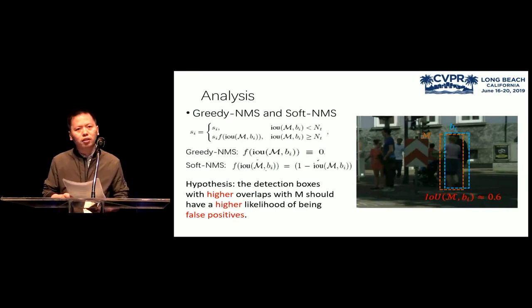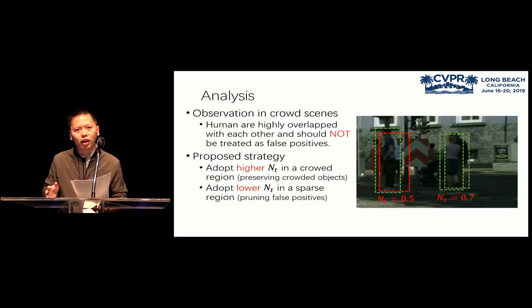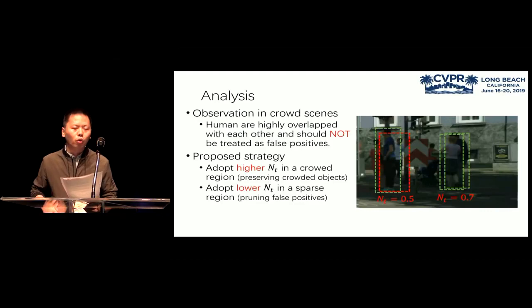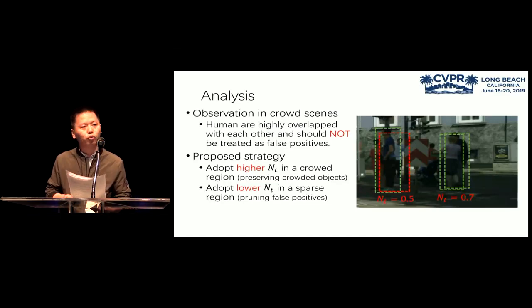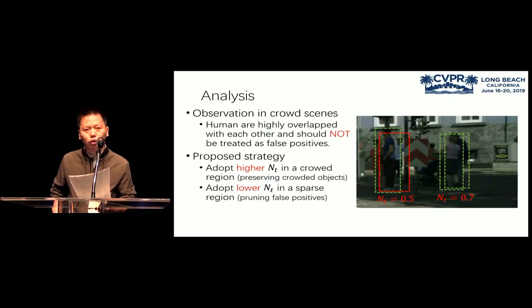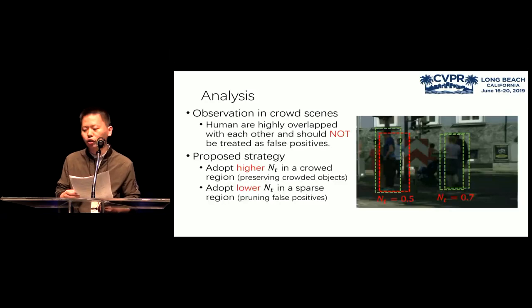But this hypothesis is not true in crowd scenes, where people are highly overlapped with each other and should not be treated as false positives. So we propose a new adaptive strategy: we adopt a higher NMS threshold in the crowd region to preserve crowded objects, and we adopt a lower threshold in the sparse region to remove false positives.